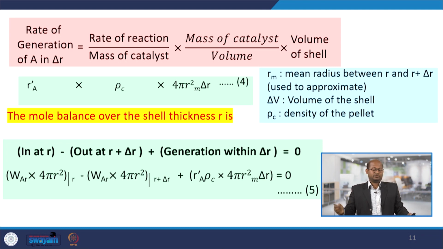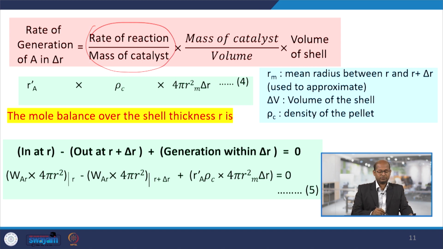So, now the rate of generation of A in delta r thickness, meaning when A has reached there, the reactions will take place, and due to the reactions the concentration of the reactants will change. Therefore, for the rate of reaction we have to know the rate per unit mass basis.